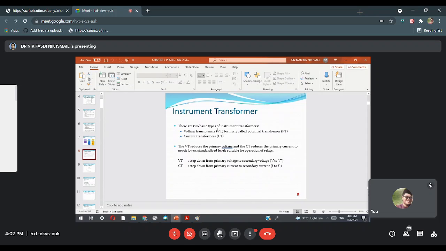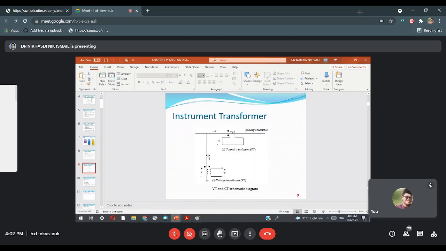So again, voltage transformer dia nak reduce, step down the voltage faults to the lower value lah untuk measurement untuk operation of protection devices. Okay, kat sini in general, step down primary voltage V to secondary V prime, step down primary current I to secondary I prime. Okay, so this is samalah konsep dia.